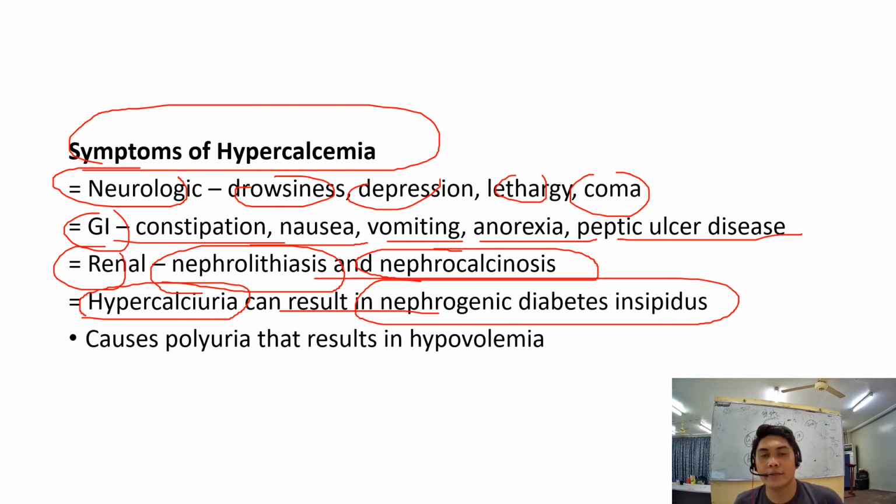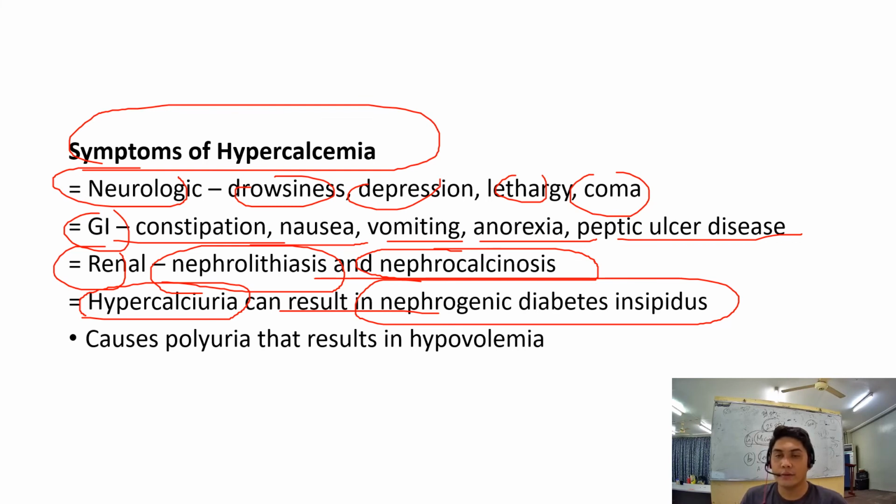Hypercalciuria is one of the causes of nephrogenic diabetes insipidus, meaning your body is producing enough ADH, but the cells in your kidneys are not that responsive to ADH, meaning ADH has no effect. So the body cannot retain water, cannot reabsorb water, so it will form urine.